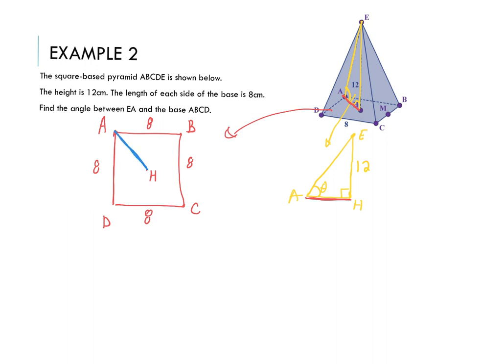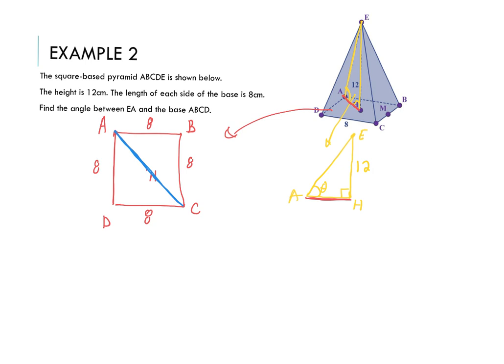Perfect. This is AH, and we want to know how long this is. Well, there's a few ways that you can see that. The first way is you could see AH as half of the diagonal of this square.